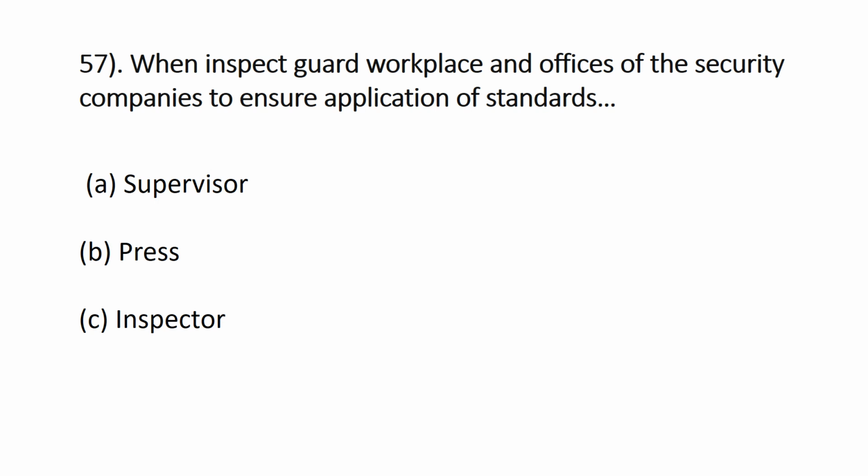The application of the standard means who is responsible for maintaining the standard of security regulations, which is the security regulatory authority. So the representative of the security regulatory authority can inspect the security guard in the company or in the workplace, and the representative is called inspector. So C is the correct answer.